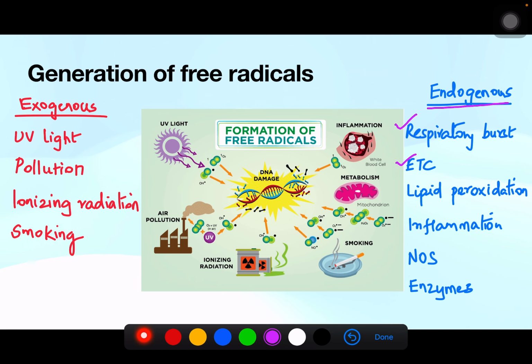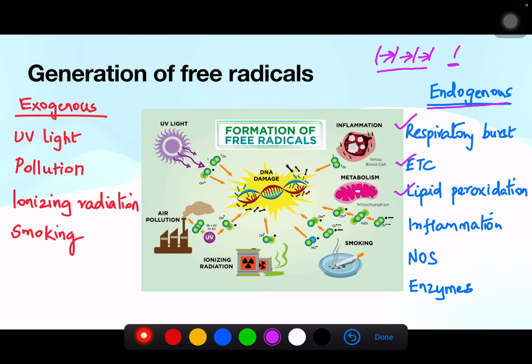Whenever there is an electron leakage in the electron transport chain, because we have 4 complexes, along with the ATP synthase complex, wherein the electrons are transferred from one complex to the other. During this transfer, when the electrons are leaked, they can be involved in the generation of free radicals.